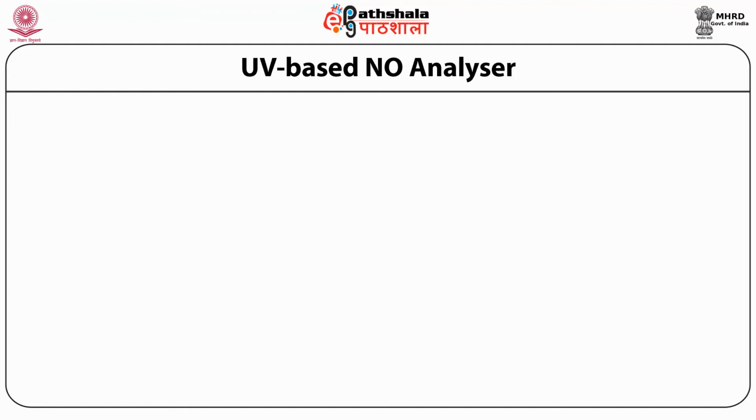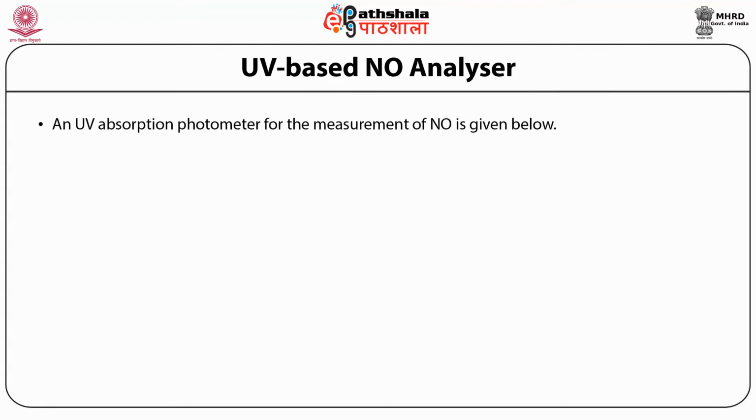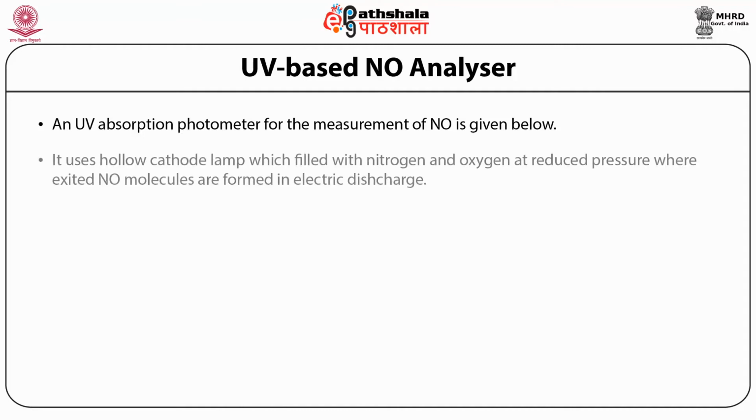The next is the UV based nitric oxide analyzer. A UV absorption photometer for the measurement of nitric oxide is given below. It uses a hollow cathode lamp filled with nitrogen and oxygen at reduced pressure, where excited nitric oxide molecules are formed in an electric discharge.